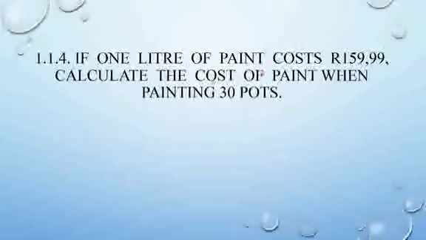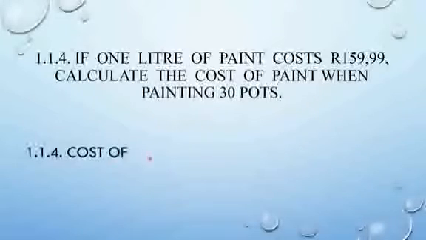If 1 liter of paint costs 159 rand 99 cents, calculate the cost of paint when painting 30 pots. Now we are going to see what would be the cost when painting 30 pots. Let's see how you're going to get that.